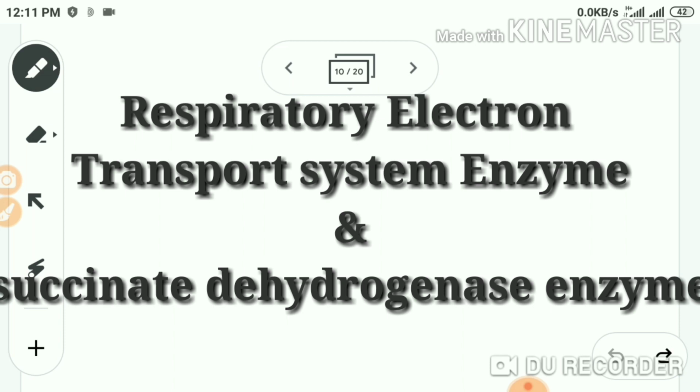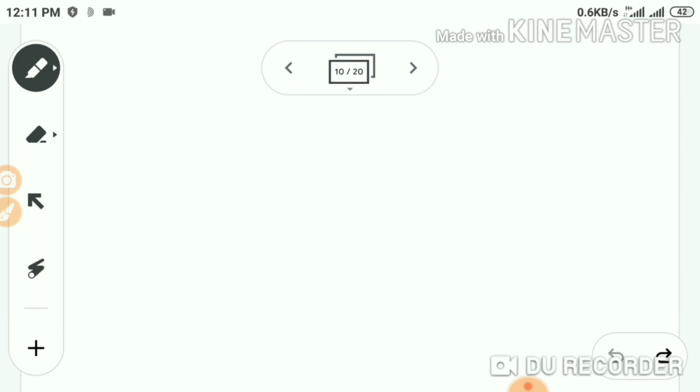Both these types of enzymes are present in the mitochondrial membrane for the production of energy, and the same type of structures are present in the bacterial plasma membrane also. Actually, these two terms, electron transport system and succinate dehydrogenase, are new for you. I will explain it now.